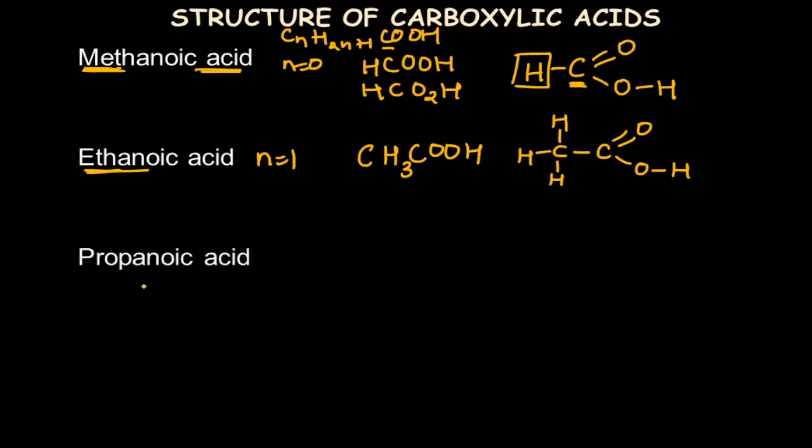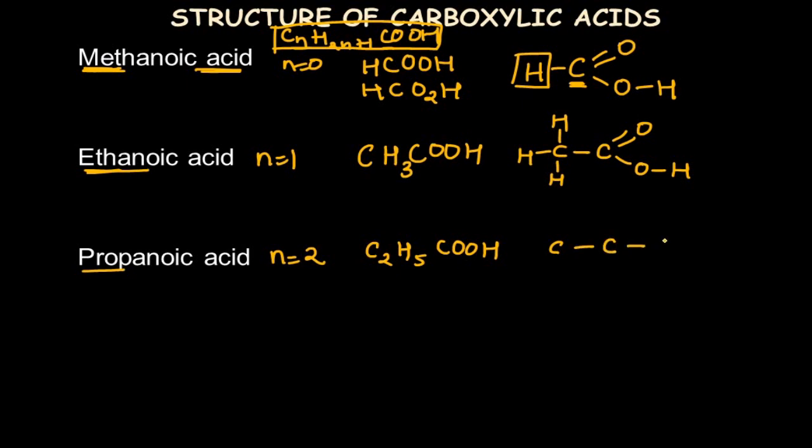The next member is propanoic acid, and prop means a total of 3 carbon atoms, which says n is equal to 2. So we have C2H5COOH when we apply n equal to 2 in the general formula of carboxylic acids. Here the whole structure can be drawn as 2 carbon atoms in a chain with the carboxyl group, which I am drawing first here. Now for the remaining 2 carbon atoms, each of these carbons should have a total of 4 covalent bonds.